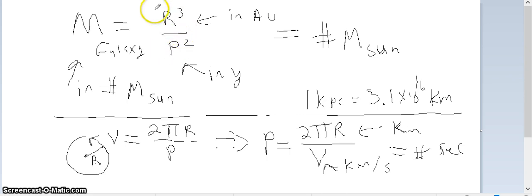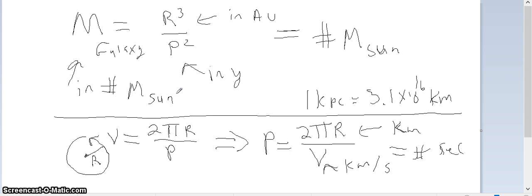Ultimately, we've got to get r in astronomical units, and we have to get the period in years. And so we take r cubed divided by p squared. That gives us some number, and that's some number times the mass of the sun. I wrote that twice. I don't know why I wrote it twice, but you get the idea.